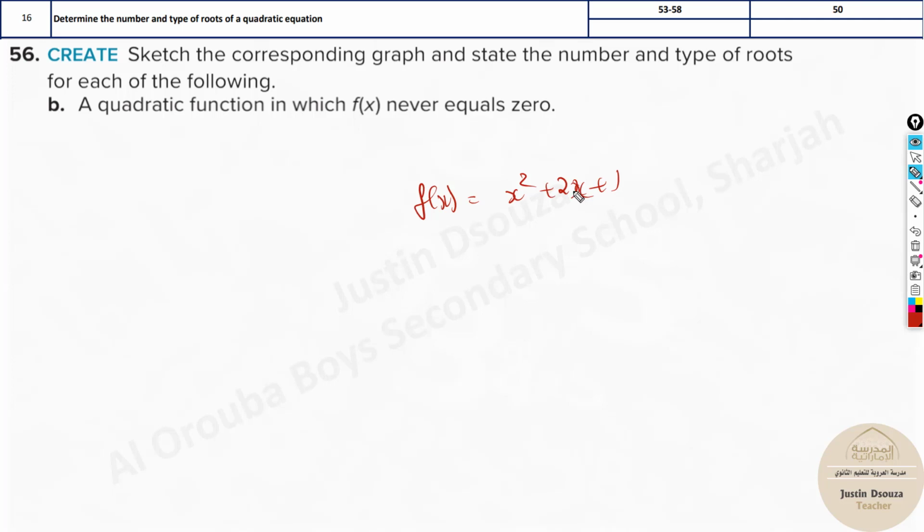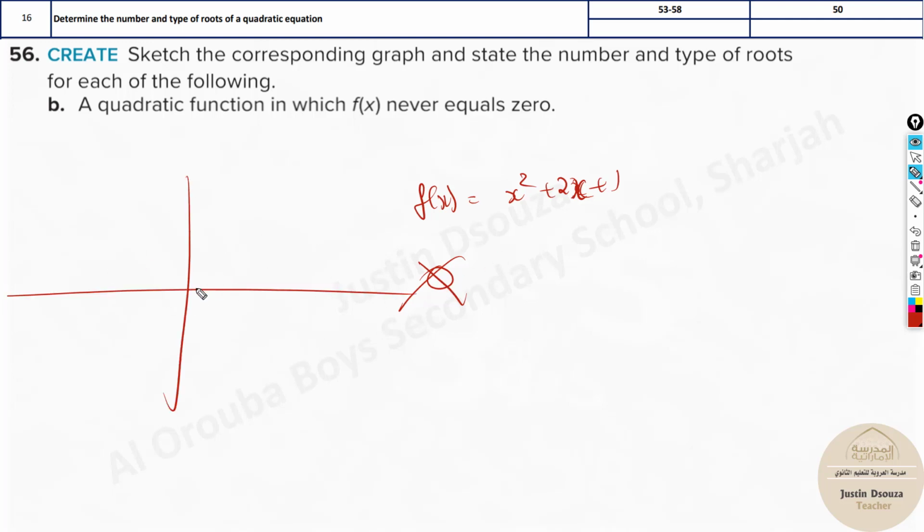Okay? This is a random one. I'm not sure whether this is a proper example, but just to make you understand, whatever x value you put over here, this value will never be equal to 0. It can be any positive number, any negative number, but it will never be 0.